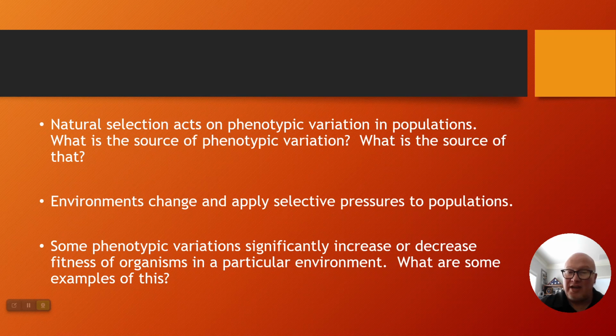When environments change, selective pressures will change, and selective pressures are applied to populations. Several times during our own evolutionary history, the food sources that were available changed, and so as a result, early forms of humans either flourished or died depending on the type of food that was available.